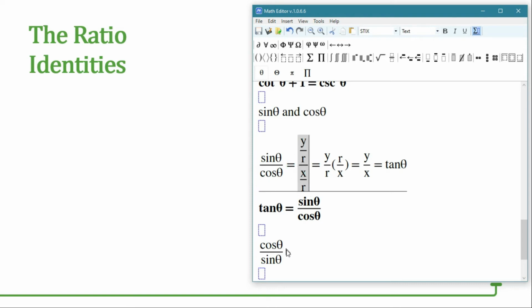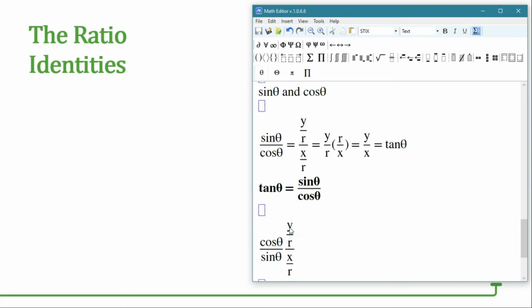That makes x over r over y over r. And when we simplify that, that is x over y, and this defines the cotangent of an angle.